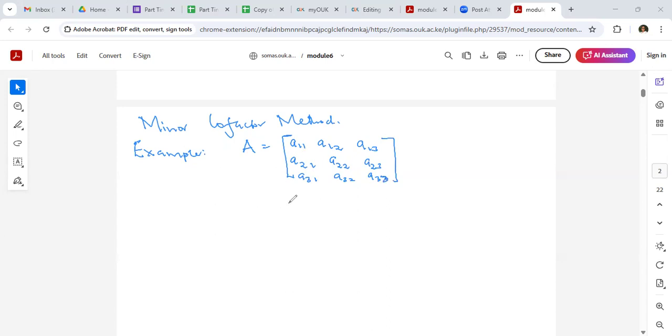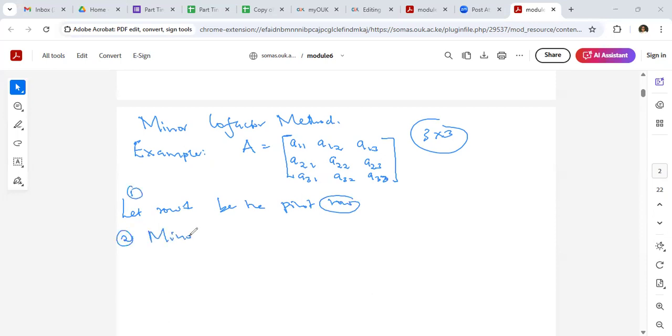So now this is a 3 by 3 matrix. First thing, to find the determinant of this matrix, we choose our pivot row. You can choose your pivot row or column, but in this case we choose our pivot row. So let row 1 be the pivot row. Then the next step is you find the minors.